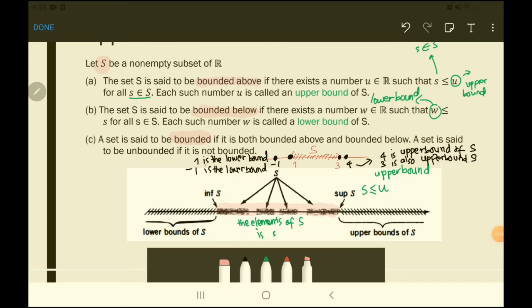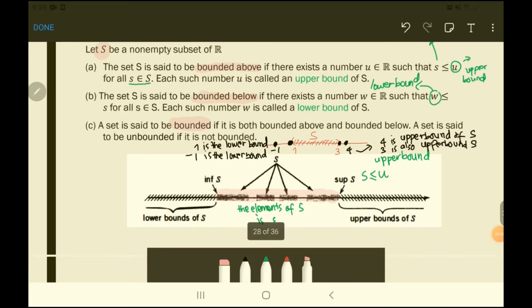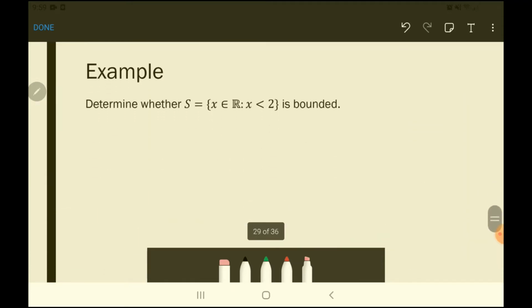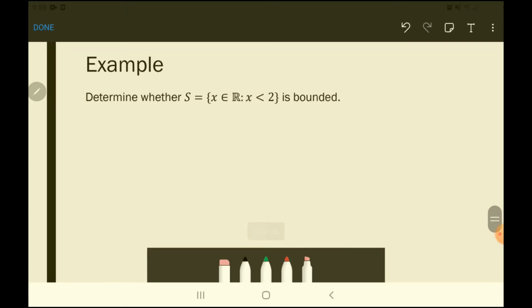Now let's try to look at an example. So here you go. Determine whether S is bounded, where S is the set of x, elements of the real numbers, such that x is less than 2. So we are asked to determine whether it is bounded or not.